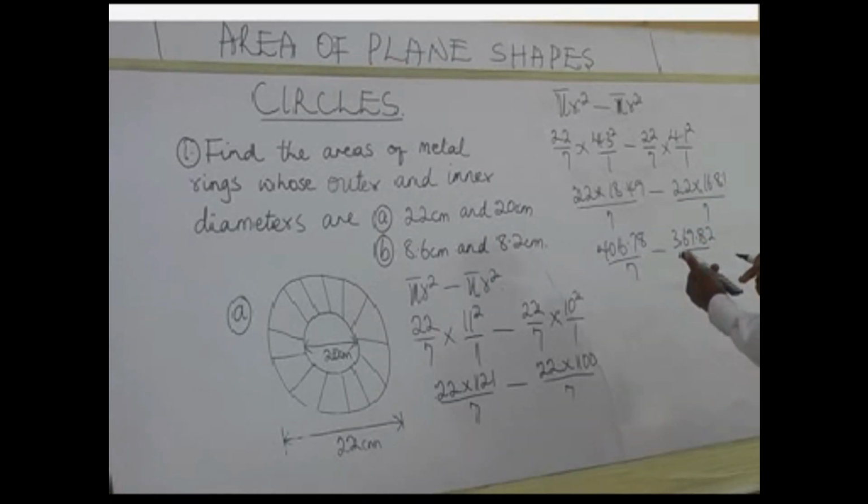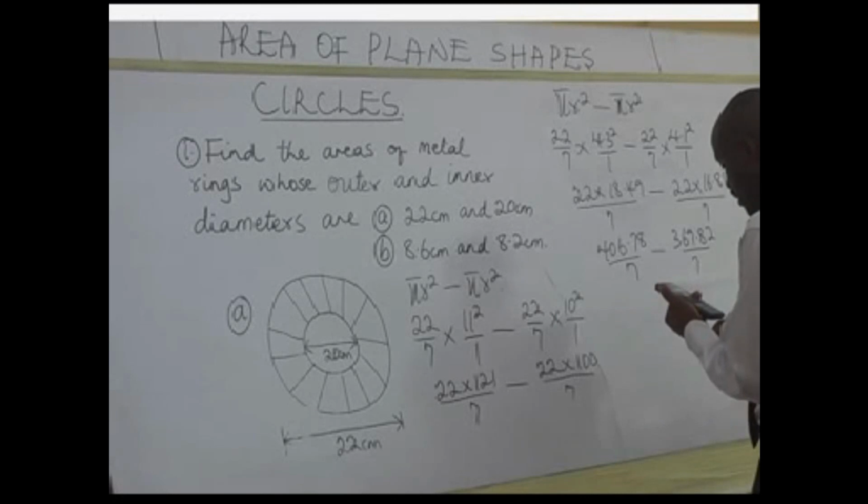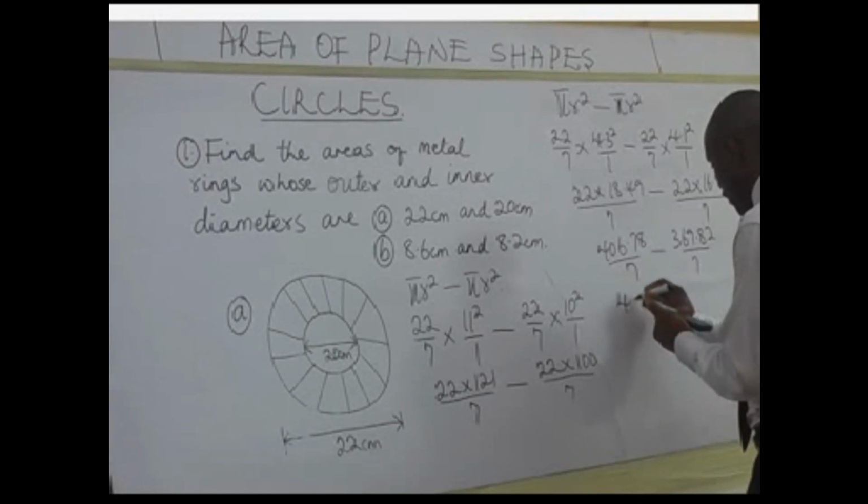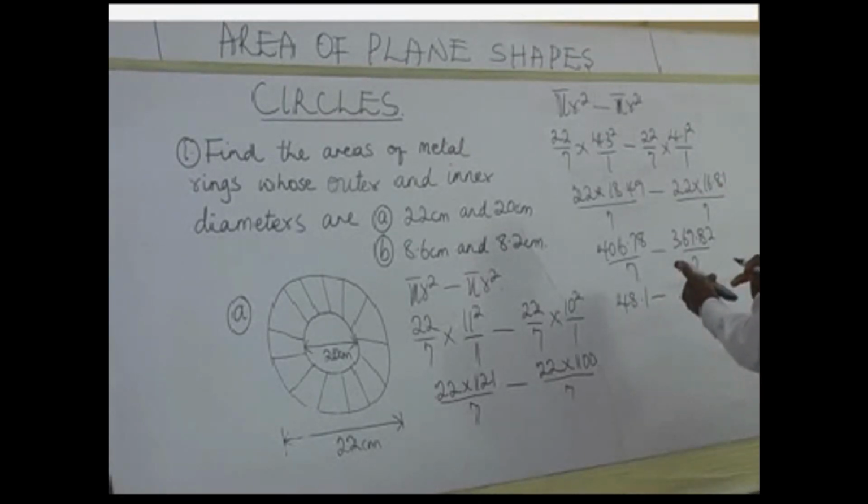So let's divide by 7. 406.78 divided by 7 is giving me 58.1, minus 369.82 divided by 7 is giving me 52.8.